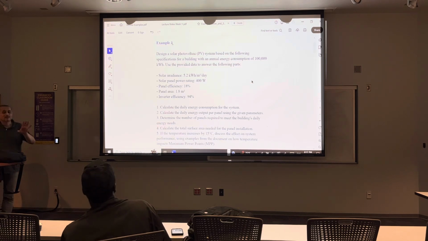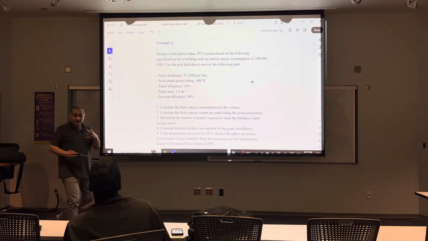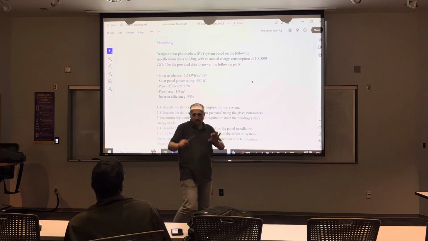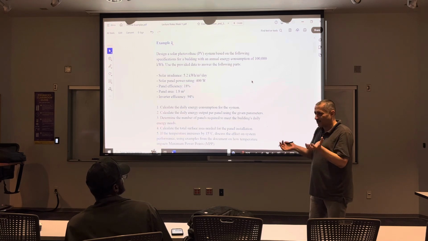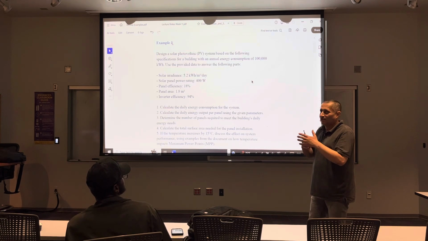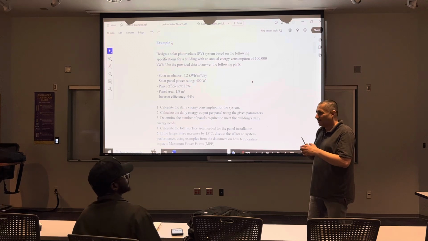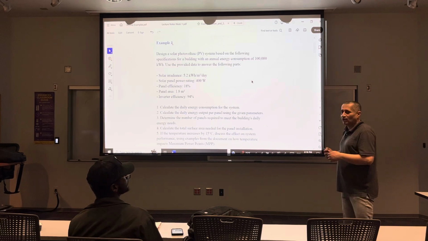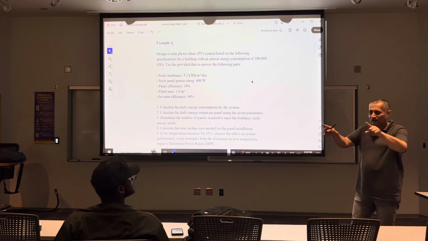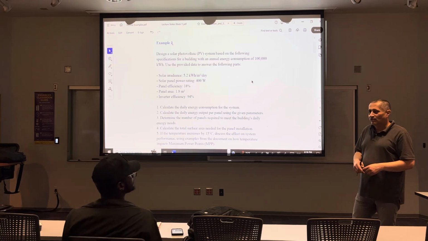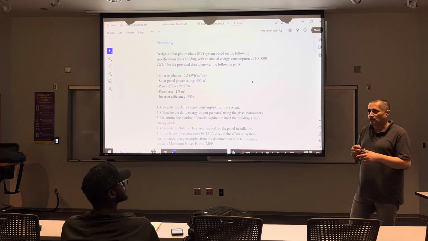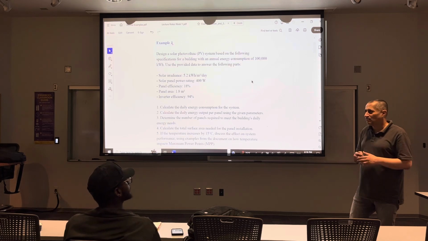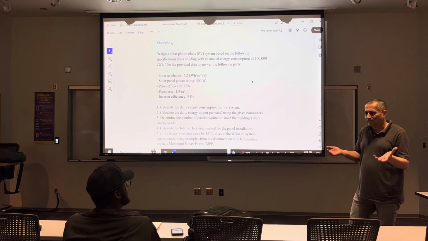See, design. If you need any values, you can assume them, but within the limit of practical work. Don't assume just any numbers. As an example, the area for one solar cell, assume it is 100 meters square. No, it's not correct.